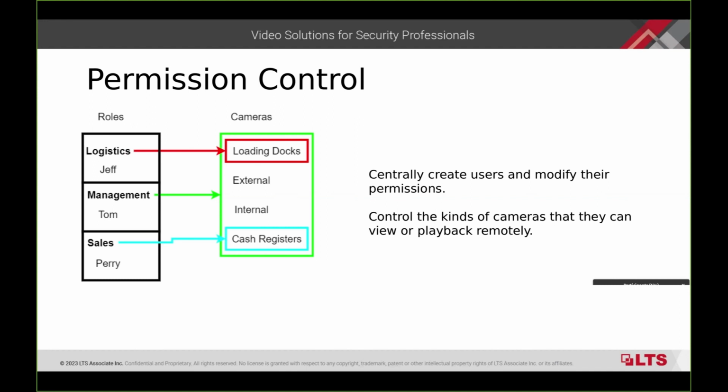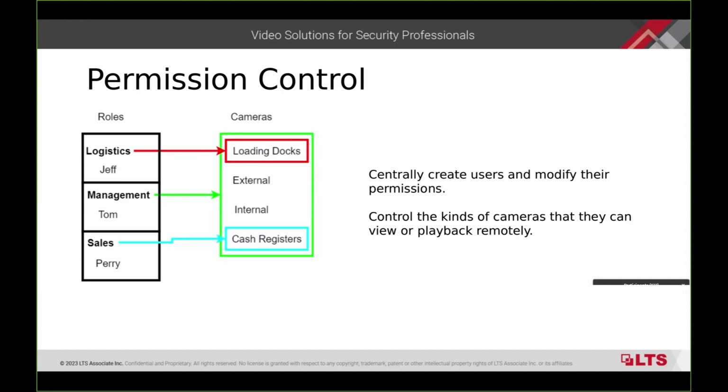And over on the right, in this case, I'm using cameras, but we could do the same thing with access control and intercoms as well. I have listed out four different categories for cameras to be put in: loading docks, external cameras, internal cameras, and cash registers. In this case, management, Tom, in general, will probably be capable of accessing all the cameras. That's why he has the ability to access all of them, as you can see with the green box.